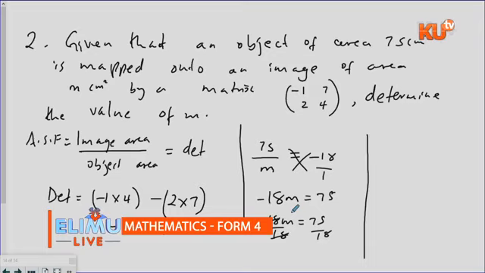From your calculators, 75 divided by 18 should give us 4.17, that is 4.167 to 4 significant figures. And so this becomes the value for m. And remember, it is in centimeters squared.